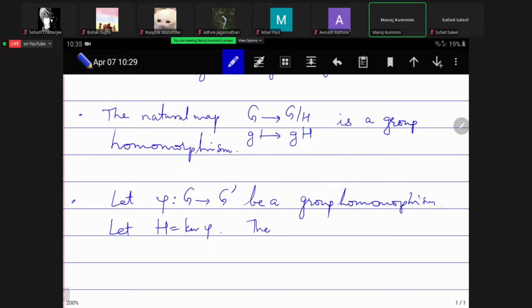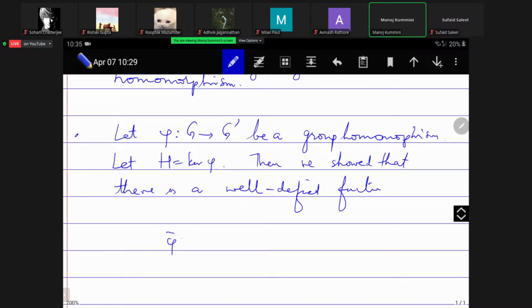Then we showed that there is a well-defined function phi bar from the cosets of H, the quotient group G mod H, to G prime, in which a coset of g, little g, goes to phi of g.